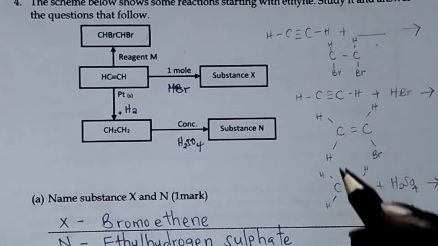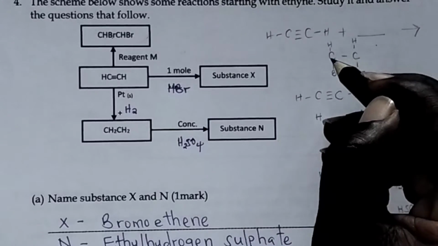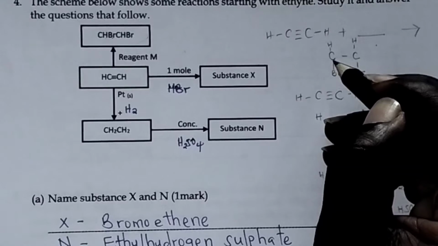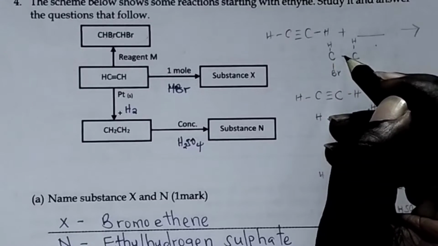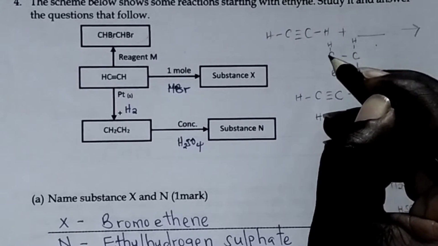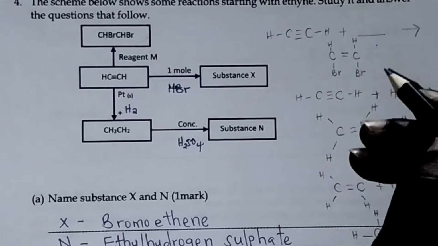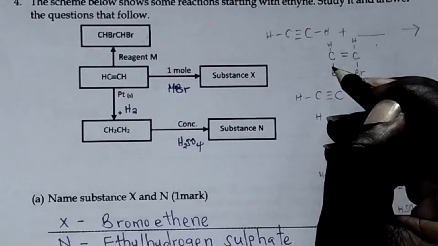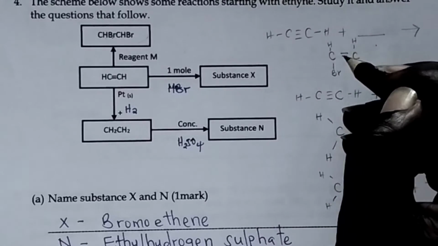So if you check now, carbon has a valence of 4, so it's going to have 4 strong covalent bonds. I have only 1, 2, 3. To make it 4, that means in between these 2 carbon atoms, there was a double bond. So this carbon has 4 bonds, 1, 2, 3, 4, as well as this other carbon, 1, 2, 3, 4.